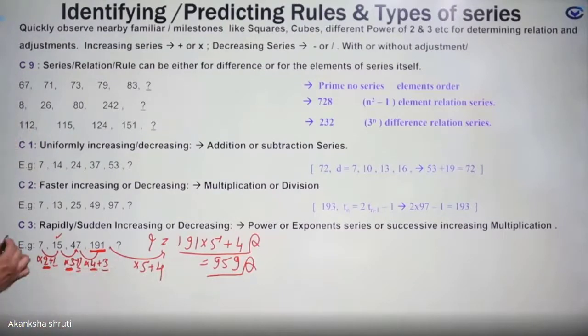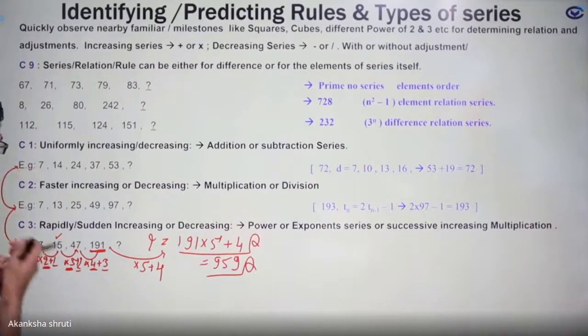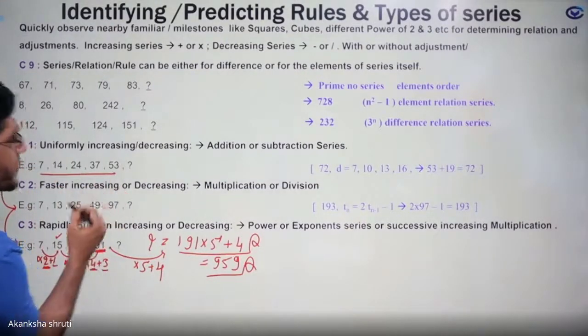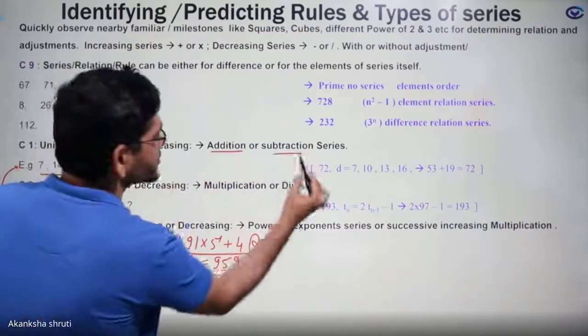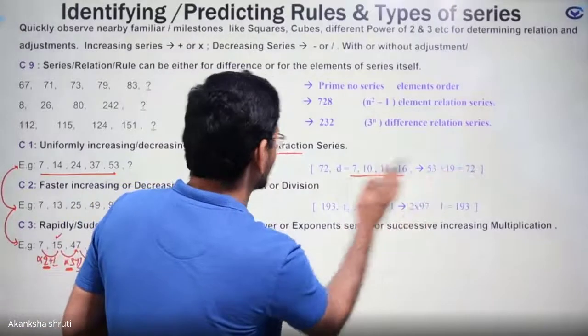Now comparing these 3 series, students, this with this. Just by comparison you can understand the key things. Let us remember: if the variation is almost uniform, go for addition or subtraction, whatever the terms added may be increasing or decreasing.